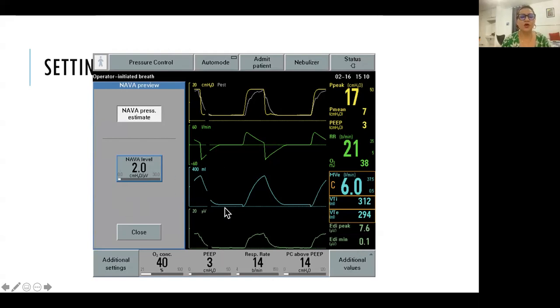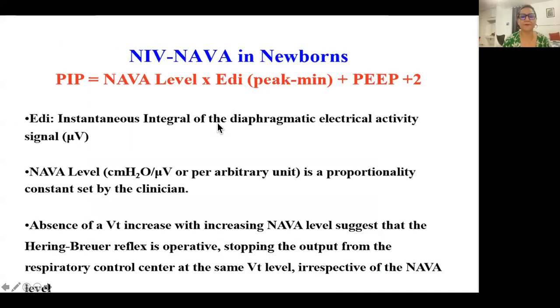And if it is invasive, you will see the PC above PEEP, the respiratory rate, and the PEEP. This is how it will look.